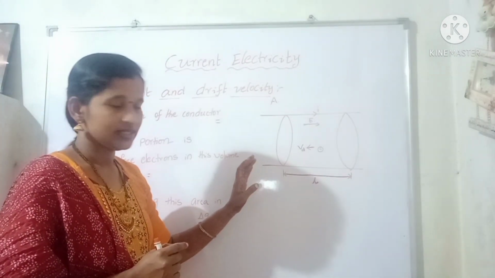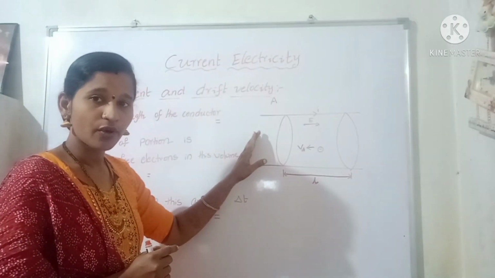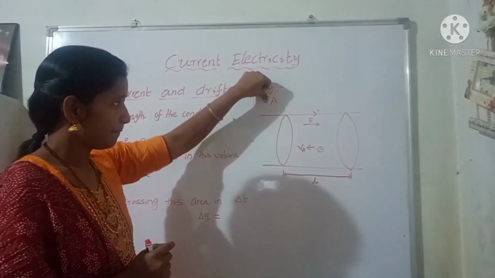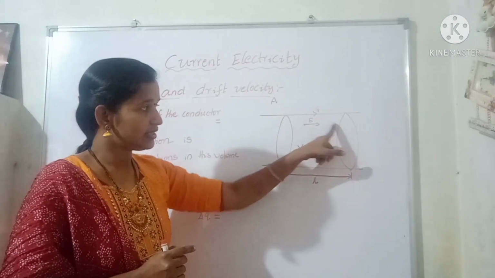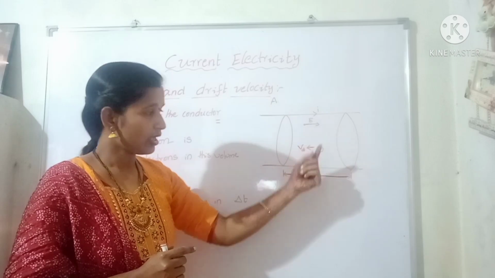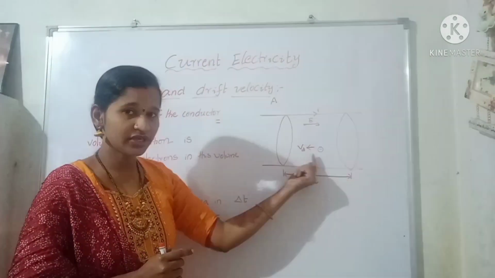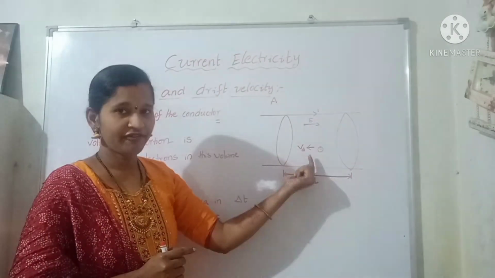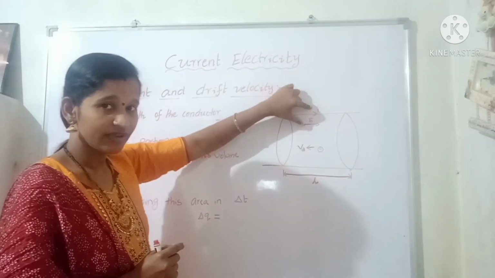The cylindrical conductor has a cross-sectional area A, and the electric field is directed this way. The drift motion of the electrons is opposite to the electric field, while the current is in the direction of the electric field.